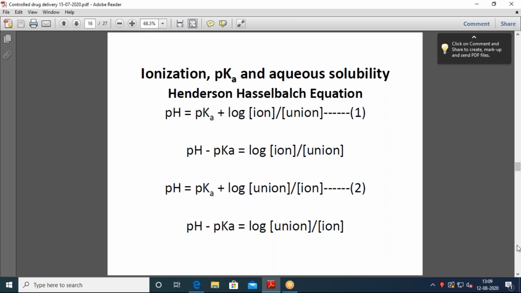Okay. So the next factor, as I told you, is ionization, pKa and aqueous solubility. We have already discussed aqueous solubility. What should the aqueous solubility be? Drugs should have a good aqueous solubility, and I also discussed earlier what we mean by aqueous solubility. Absorption we also discussed.